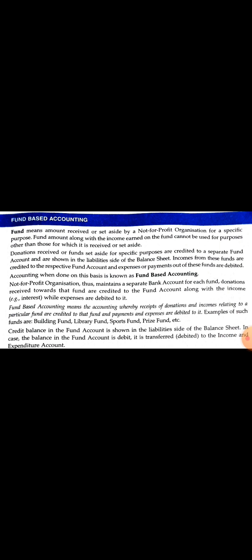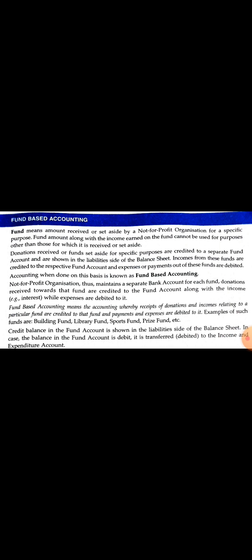Incomes from these funds are credited to the respective funds account and expenses or payments out of these funds are debited. Accounting, when done on this basis, is known as funds-based accounting. A not-for-profit organization thus maintains a separate bank account for each fund.